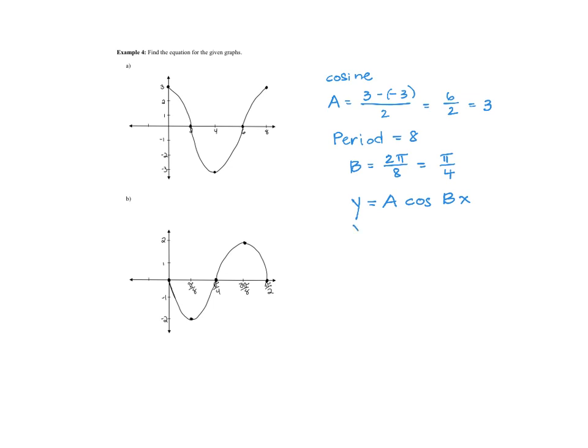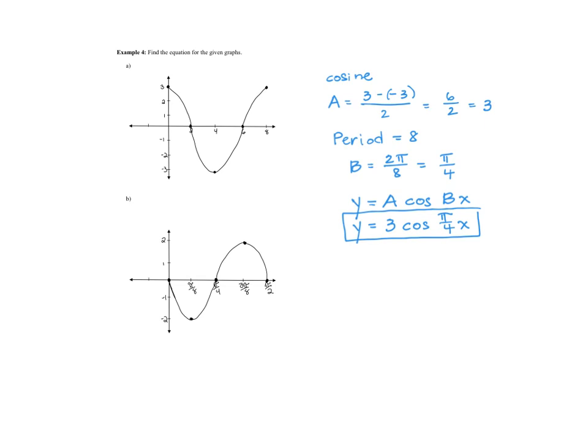So that'll look like y equals, the amplitude is 3 and that cosine curve is right side up. So 3 is positive. Cosine, the value of b is pi/4 and then times x. So just by looking at the graph, I can write the equation of that curve.